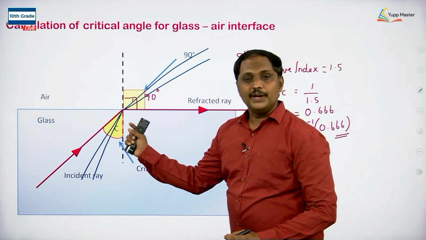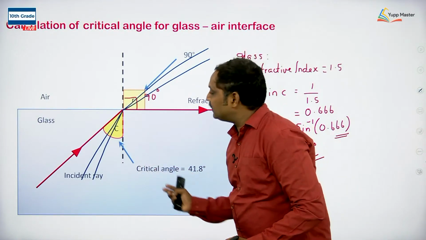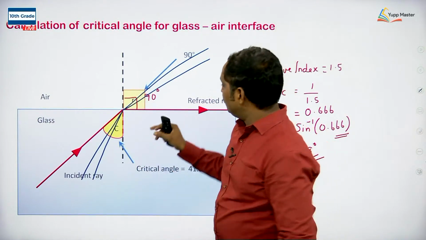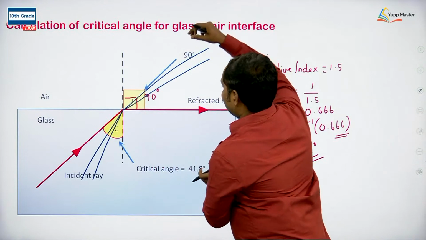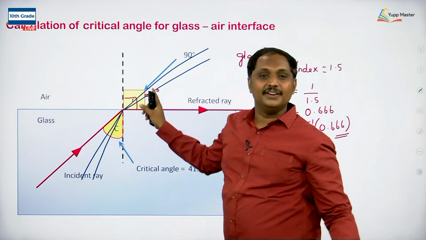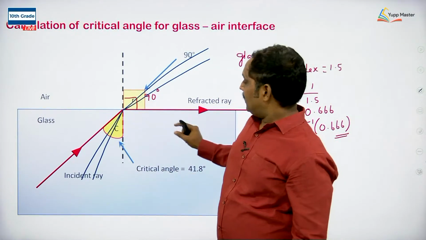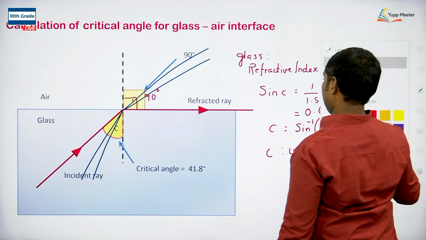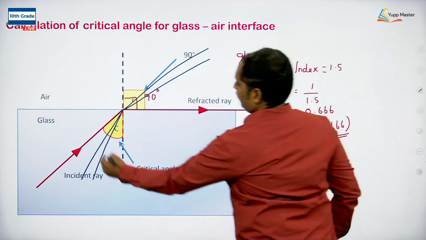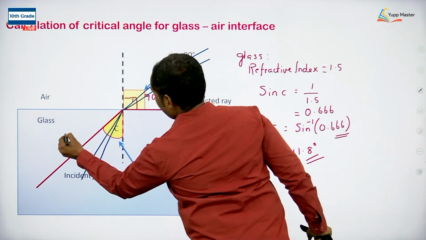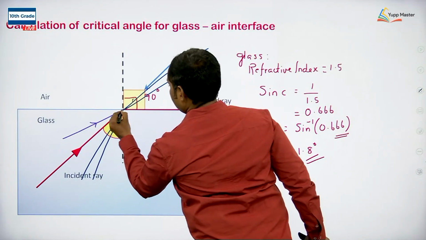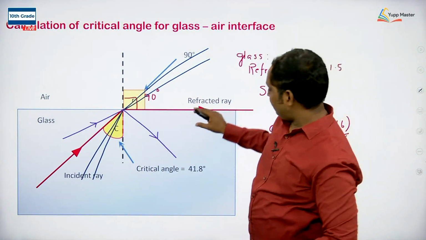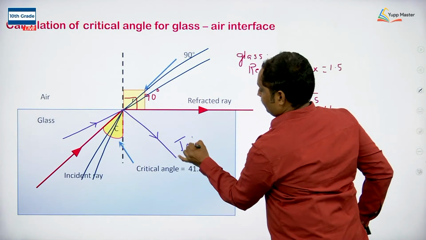So the angle of incidence is going to change, and at a particular angle you get 90 degrees, angle of refraction 90. Again, if you are increasing above the critical angle, it is reflected into the same medium, that is total internal reflection.